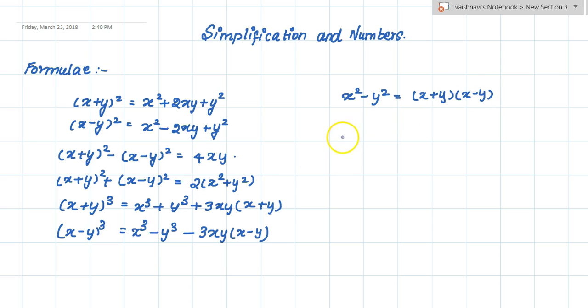These are very basic algebra problems. They can be solved once you have regular practice of solving them using these formulas.